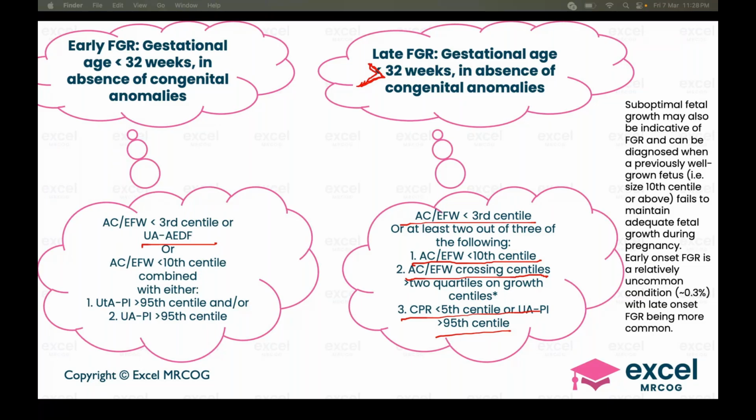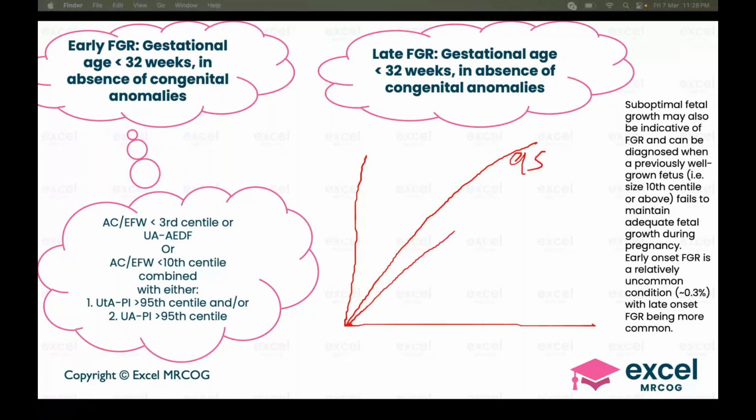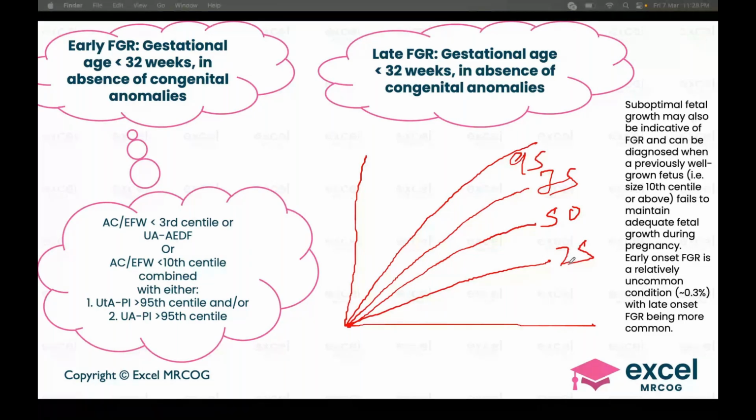Let me tell you first what the second point means. AC or EFW crossing more than 2 quartiles on growth centiles. Let's see growth centiles. This is 95th, this is say 75th, this is 50, this is 25, and this is say 5.